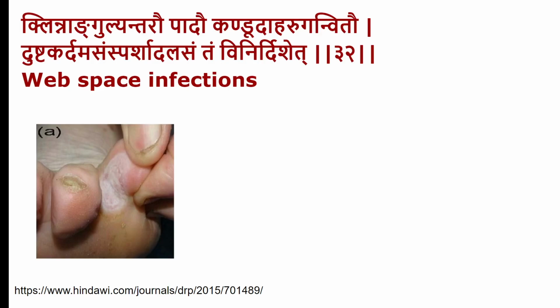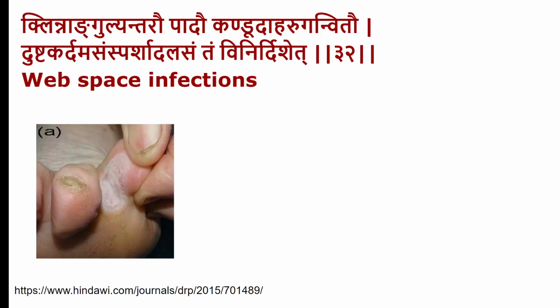Then the next is about the alasa. Alasa is a Klina Anguli Altaro Palo, Kandu Dahar Ganito, Dusta Kardama Samsarashada, Alasam Tam Vinidisheta. It's a web space infection. The infecting lesions are produced between the toes, the space of the two fingers, which is produced due to a mechanical cause.